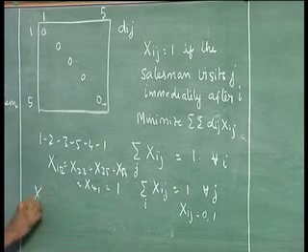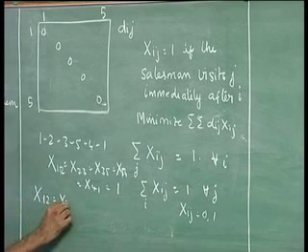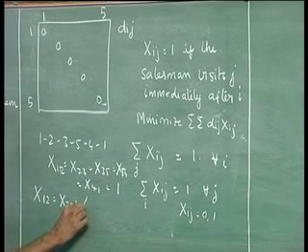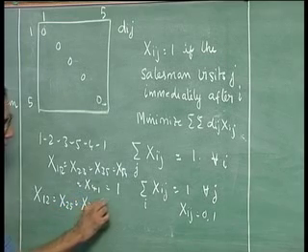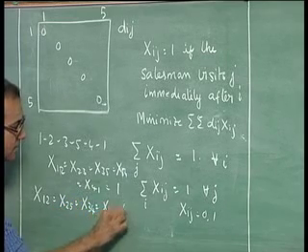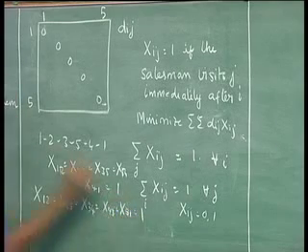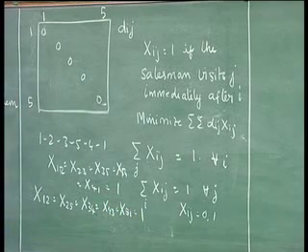Suppose I have x12 equal to x25 equal to x34 equal to x43 equal to x51 equal to 1, then let us try to get the tour or a subtour from it. You get 1 to 2, 2 to 5, 5 to 1, 3, 4, 3.